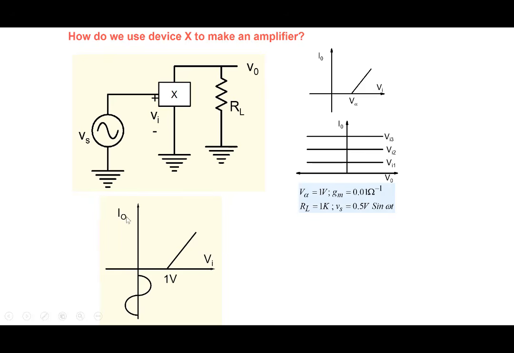And so what we note here is that if we directly take our signal Vs and apply it to the input, it all the time is lying in this particular region here, in this dead zone region where there is no current. And obviously then no current would flow in my output, and there will be no output voltage at all. So I0 will be equal to 0 and V0 will be equal to 0. So my amplifier will not work. I'll get nothing at the output here.